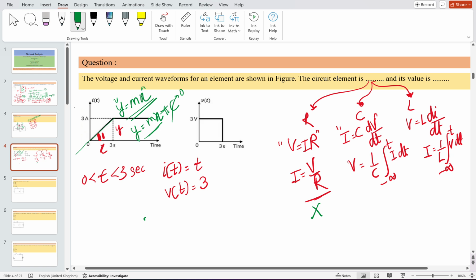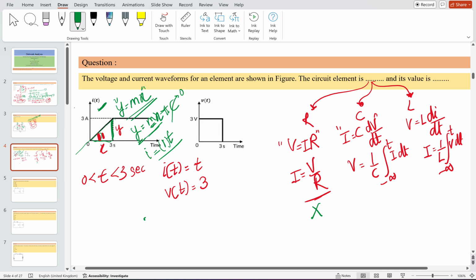What is y here? y is the current. What is the slope? Slope is tan theta, which is y by x. It is 3 ampere here and 3 second here, so the slope will be 1. And x is simply t. So I = t.